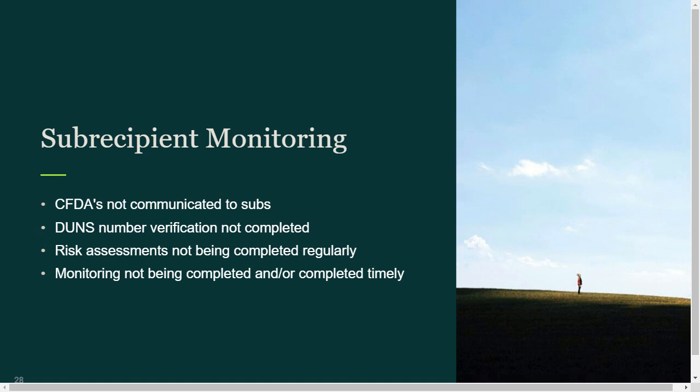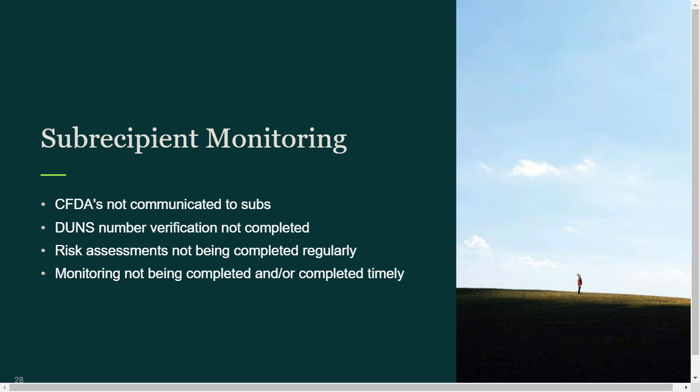And then Ariel spoke to the last 2 bullet points here about the risk assessments and the monitoring. Ultimately, your auditors are going to be looking at your process to say, are you monitoring your subs based on the assessed level of risk and your policies that were developed to inform what that risk level should be?